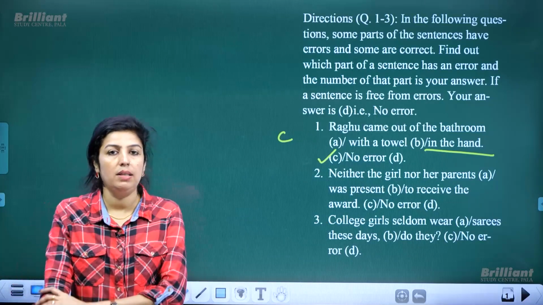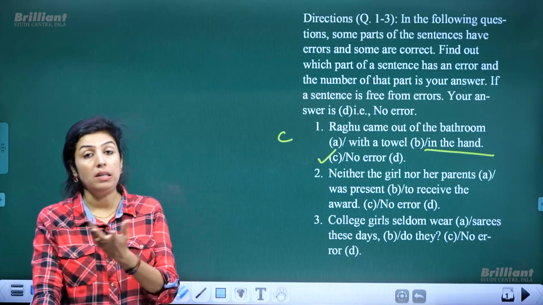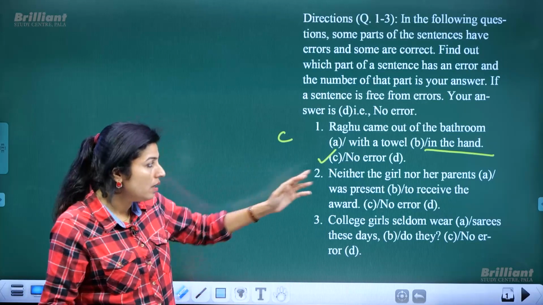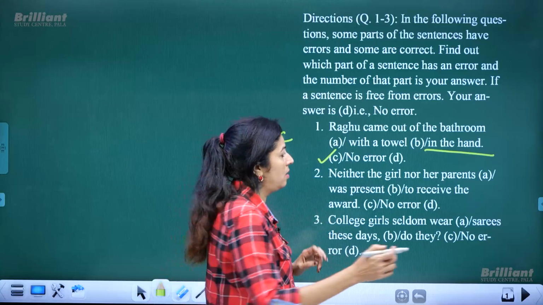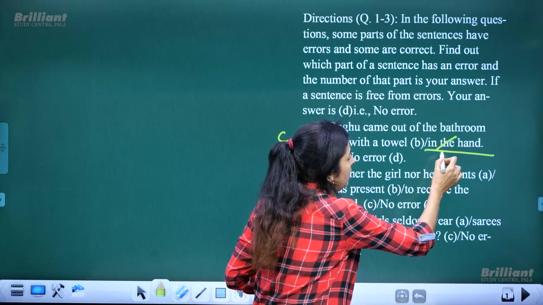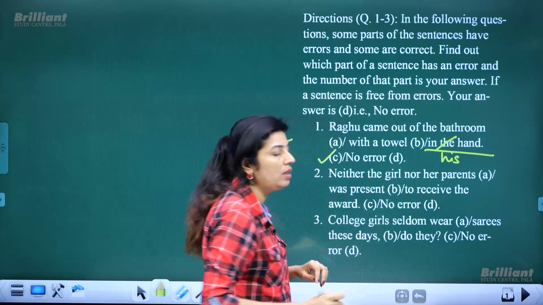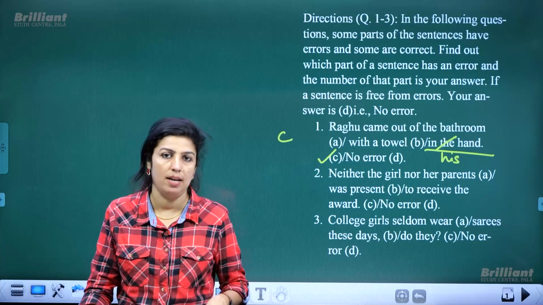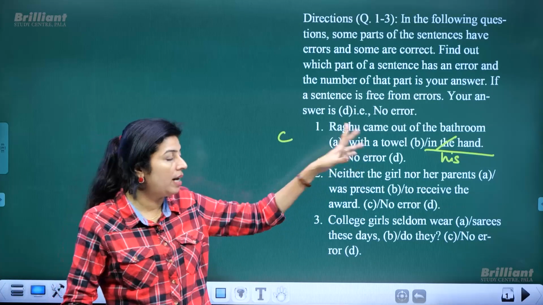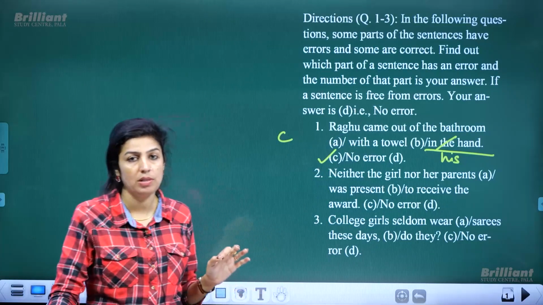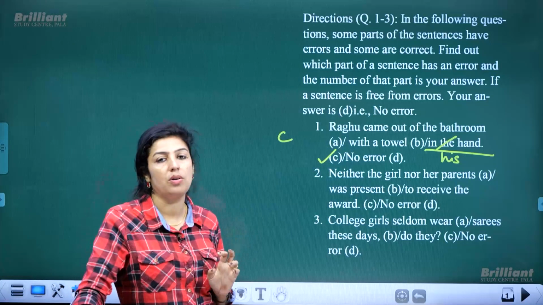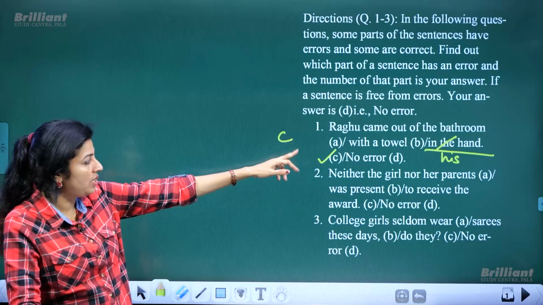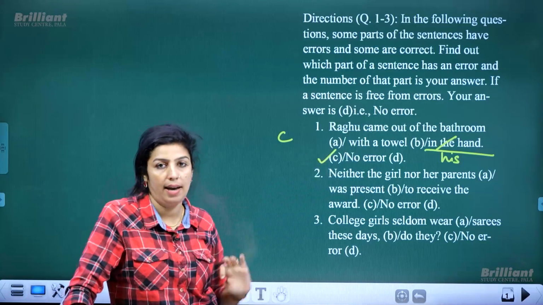Not the hand or the leg, not the heart, etc. Here instead of the, you can substitute it with his hand. So with parts of body, do not use any article. Here a definite article has been used, and that's why that part has gone wrong.